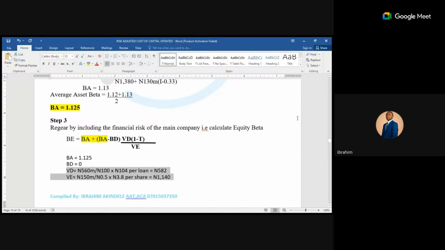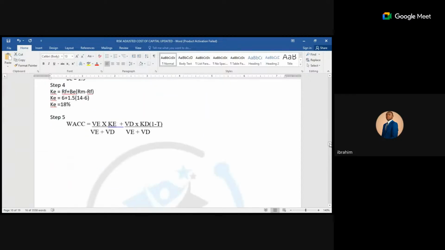So I can copy this and paste here: the value of equity and the value of debt of the main company. So what is the cost of equity? That includes the risk, which is 18% or 0.18.